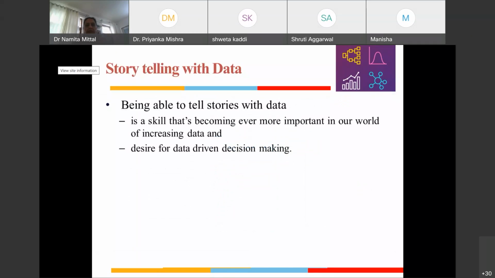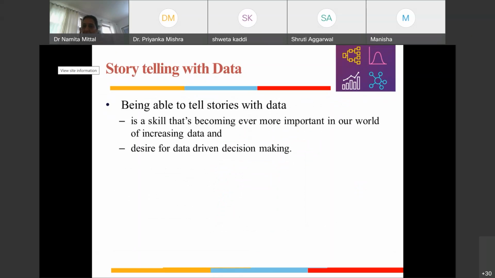So what is storytelling and how do we do it? Being able to tell stories with data is a skill that's becoming ever more important in a world of increasing data, desire for data-driven decision making. So how do we do it? From the insights only. How do we decide the things? On the basis of insights.